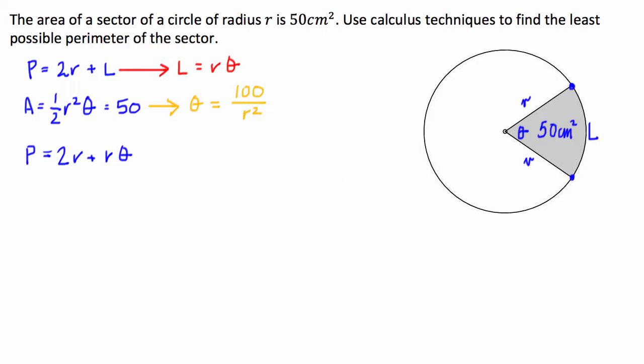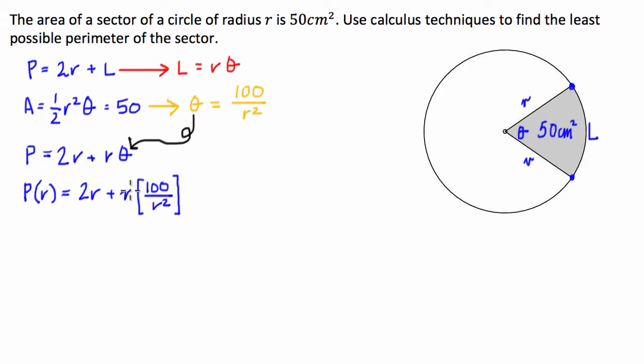Sorry about all the arrows, guys, but then I'm going to substitute that into here. So we have a perimeter in terms of simply radius, which is equal to 2r plus r, and instead of writing theta, we're going to write 100 divided by r squared. We can simplify this a bit.